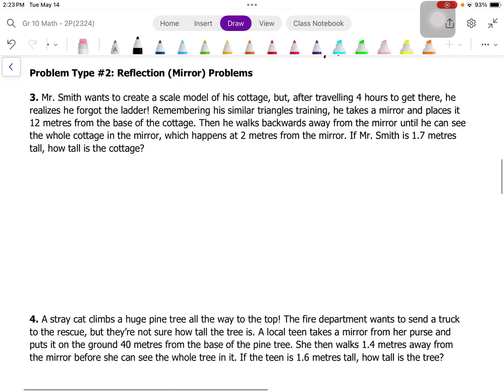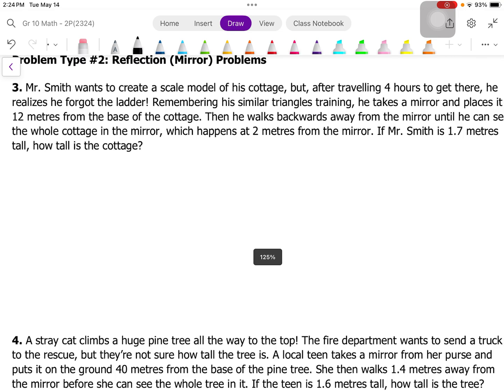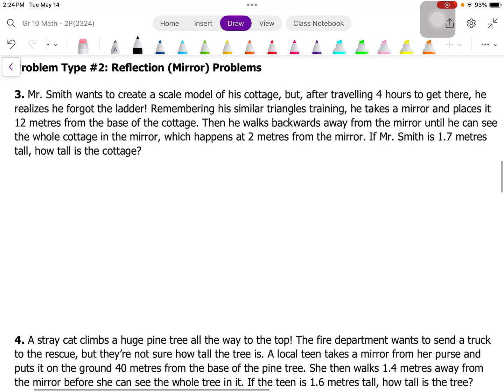The next type of question we're going to look at, these are called reflection problems because we have a mirror and there's going to be a reflection happening. So Mr. Smith wants to create a scale model of his cottage, but after traveling 4 hours to get there, he realizes that he forgot the ladder.